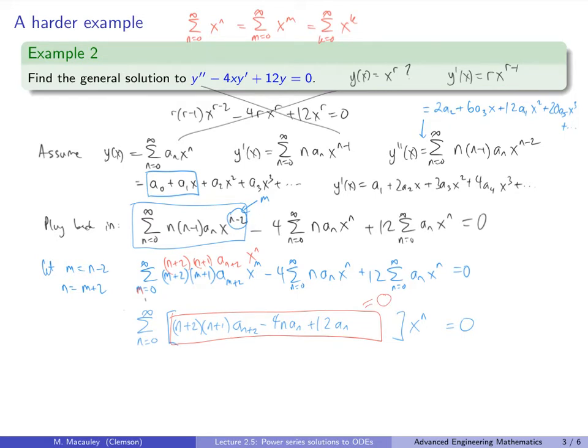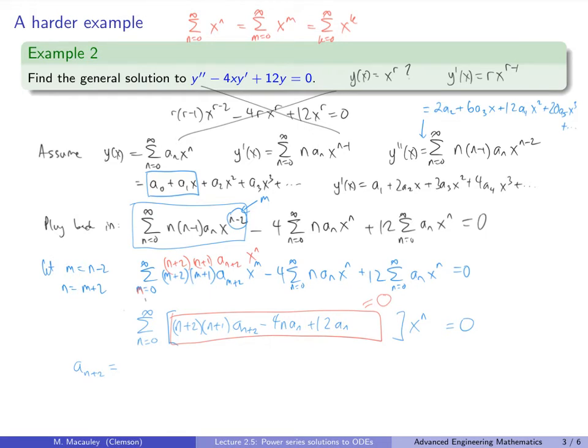So what does that mean? That means let's set this equal to 0. Then I want to solve for these coefficients. So I'm going to solve for a_(n+2), so let's move this over to the right-hand side of 0.